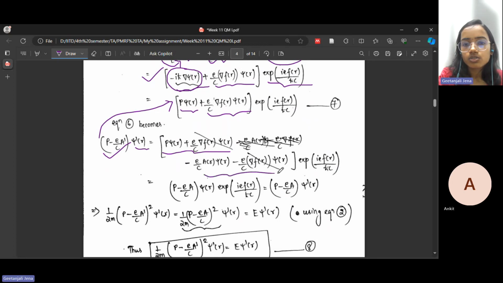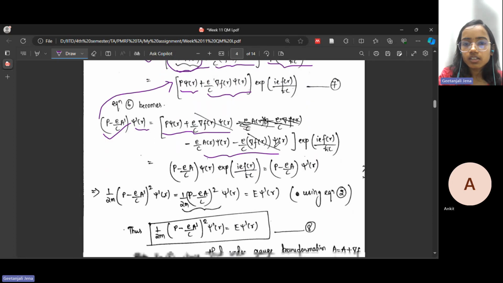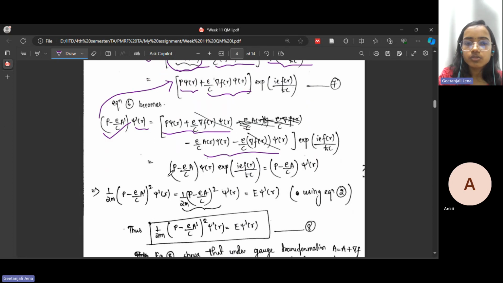So you have to just use the operator expression and use the linearity properties of this operator. So if you put it, then the final expression you will get is this one. This expression is nothing but psi of r multiplied by an exponential factor. So this is nothing but psi prime r.